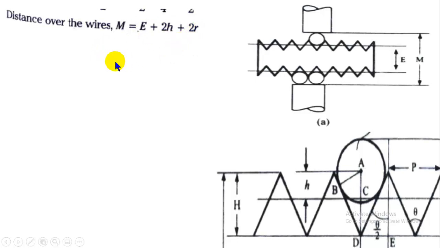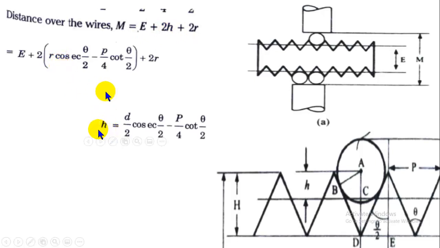Now we can further simplify. If we put the values of h here, we get the derivation from the previous step. That will be r cosecant theta by 2 minus p by 4 cot theta by 2, plus 2r.